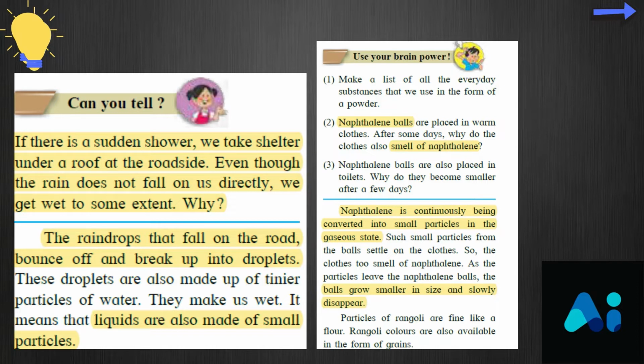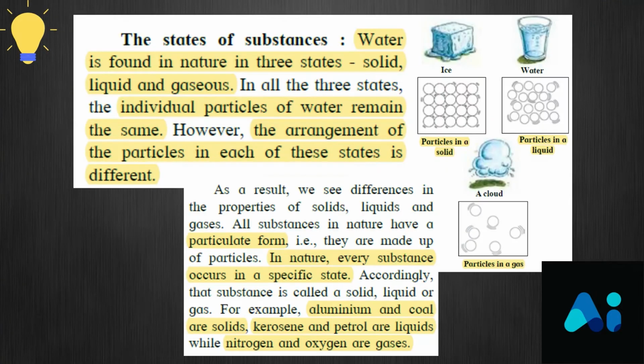So you can see how the solid balls of naphthalene are simply disappearing and they are changing the state from solid to gaseous. And that brings us to the topic of states of substances. For example, water. We can find it in three different states: solid, liquid, and gas. So ice is an example of water in solid state.